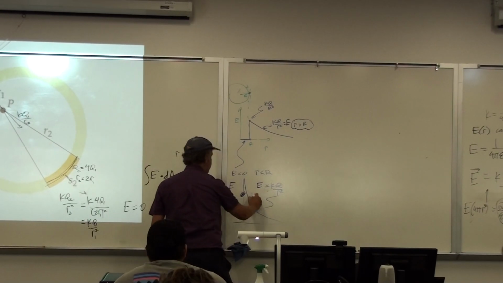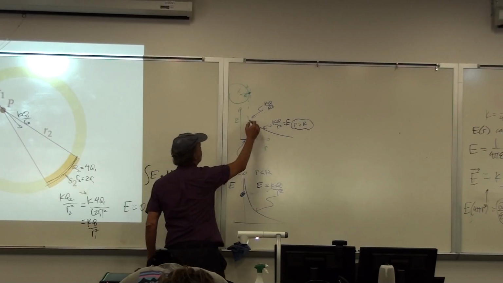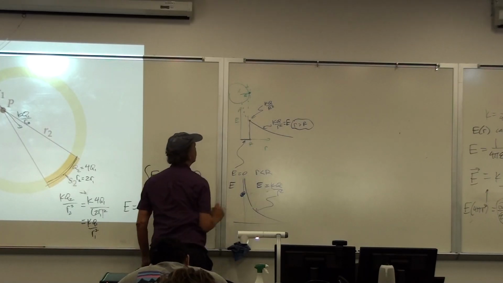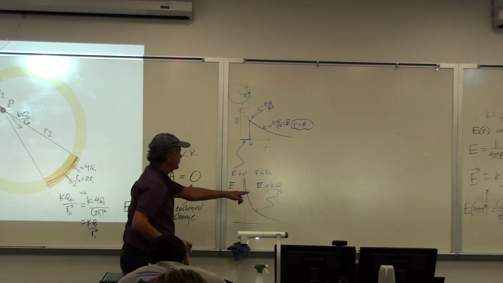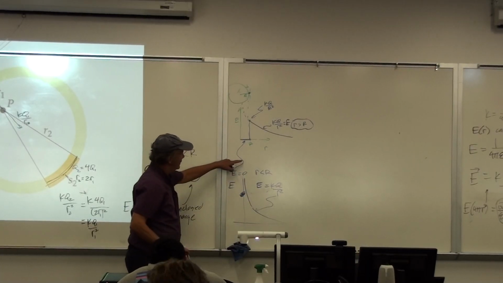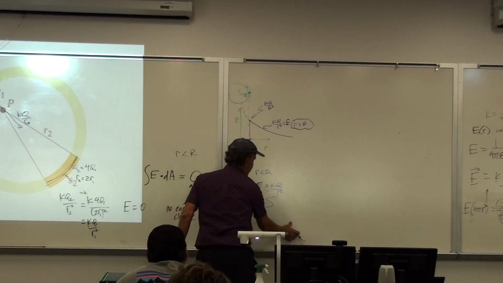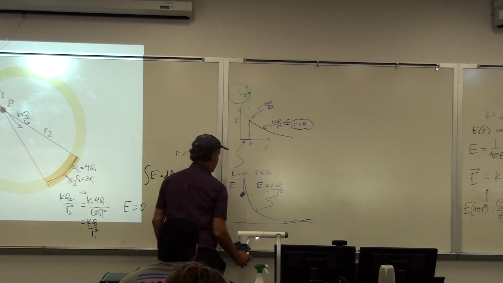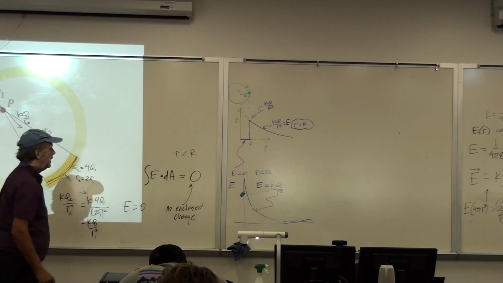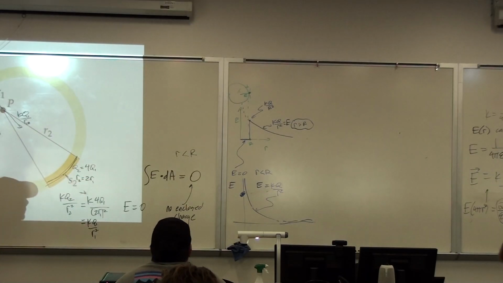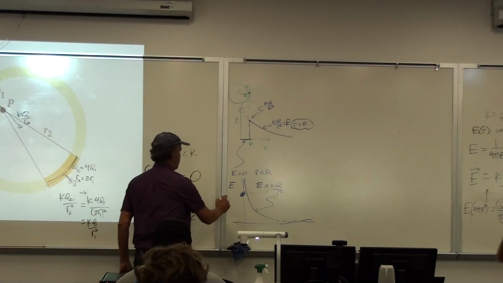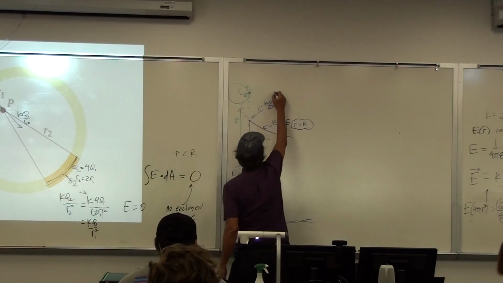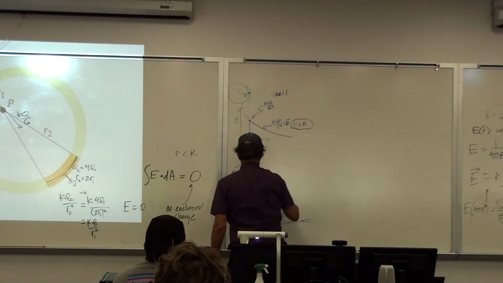So it looks like 1 over r squared. But if we continue this plot, it actually goes to infinity, because when you divide by 0, you get infinity. And then when you go to infinity this way, you get 0. So that's what the plot of E versus R looks like for a point charge. This is a shell. This is a point charge.